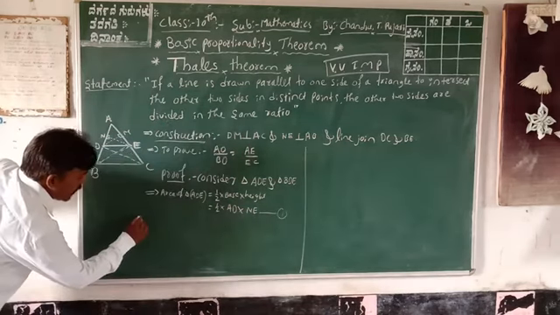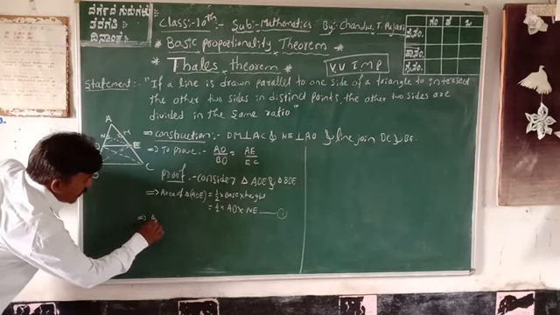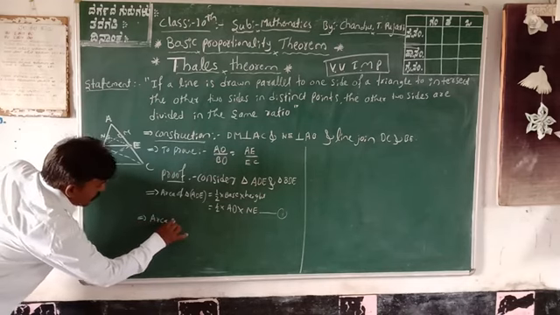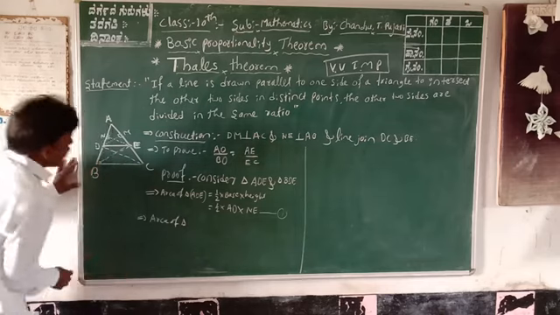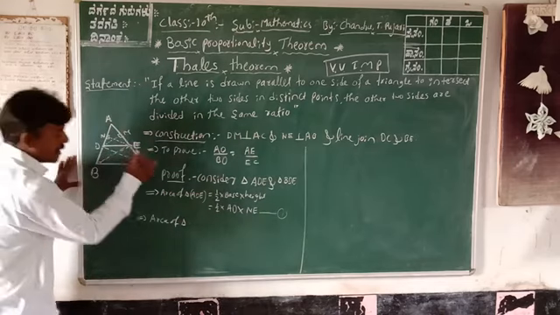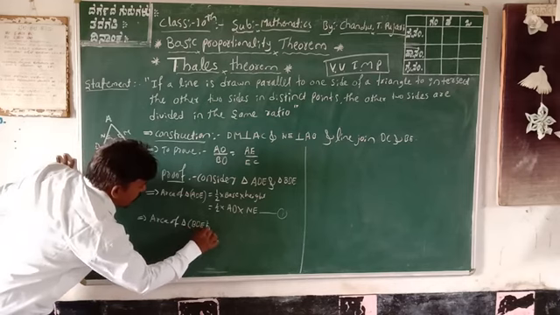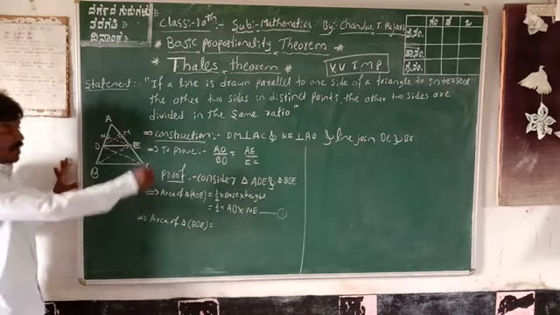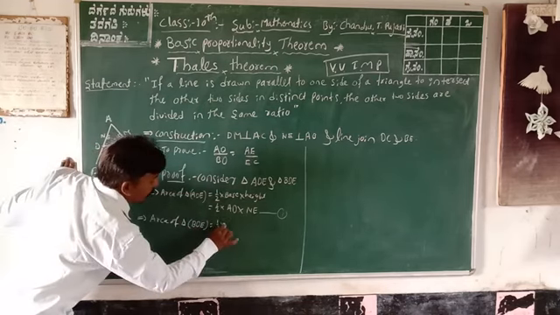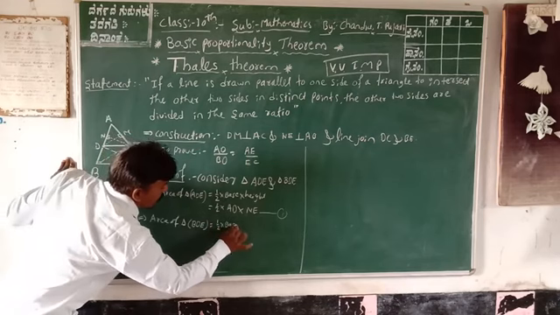Again, consider the area of the second triangle, BDE. Again the formula is 1/2 into base into height.